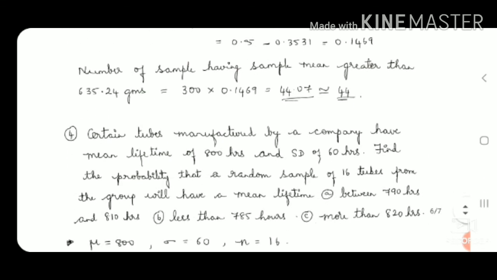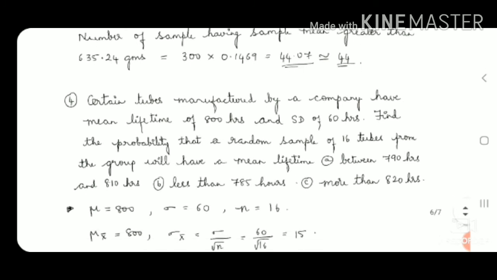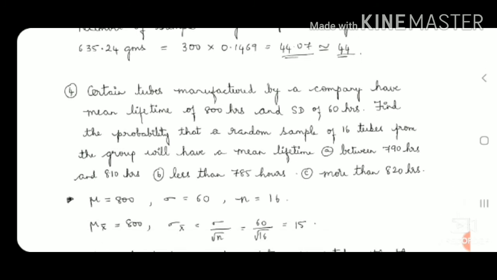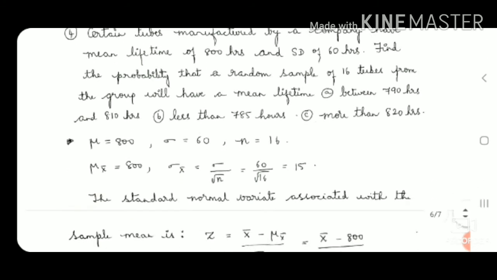Now another example on sampling distribution of means. Certain tubes manufactured by a company have a mean life of 800 hours and a standard deviation of 60 hours. Find the probability that a random sample of 16 tubes from the group will have a mean lifetime between 790 and 810 hours, less than 785 hours, and more than 820 hours.